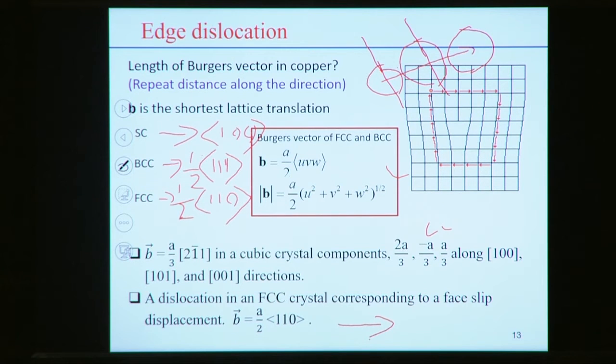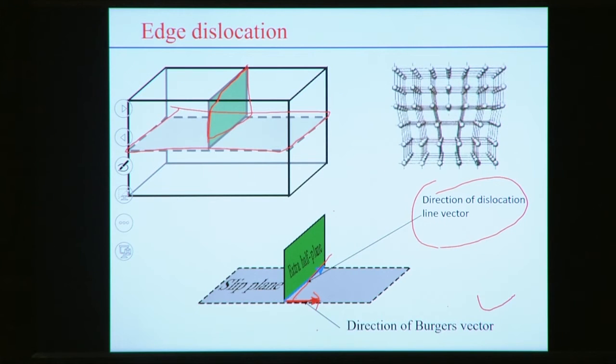Here 1, 1, 0 is actually a family of directions, and it represents the face diagonal direction. So these are the typical representations of the Burgers vector. Here this represents the dislocation line and this represents the Burgers vector.